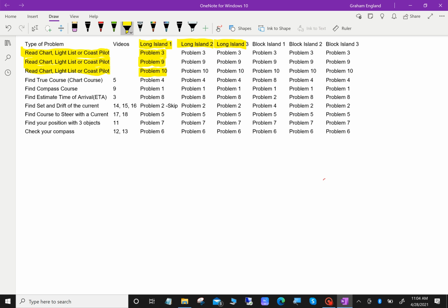You go to the coastal pilot, you look up that river's name, and you read that big long text. It's a nice little story. It tells you where you can buy fuel, and all kinds of stuff about the harbor. You just read through there until you find it. But these 3 problems on the test are considered to be very easy. They're just a matter of reading the chart, reading the light list, or reading the coastal pilot.